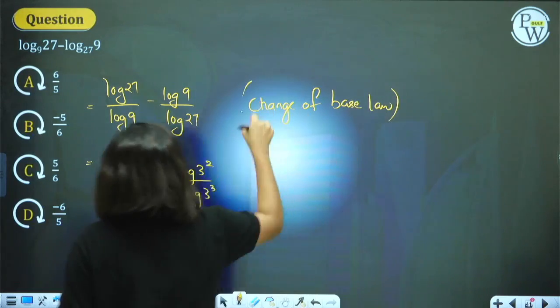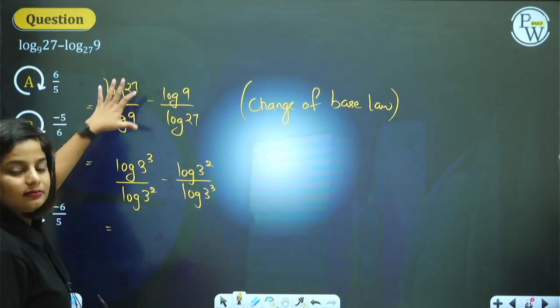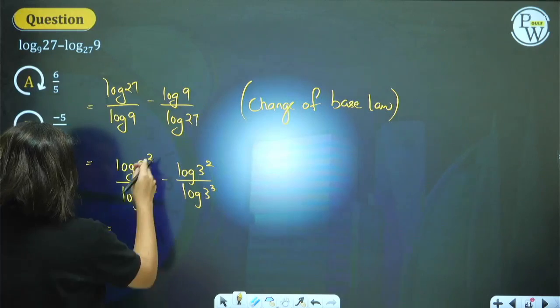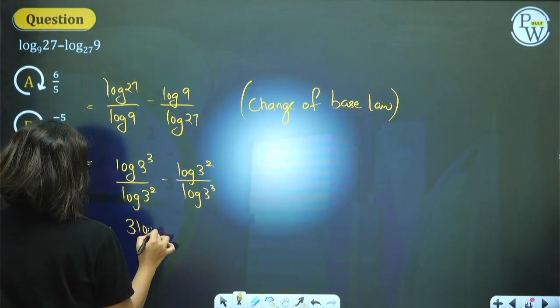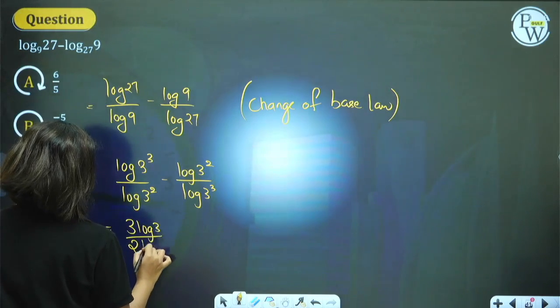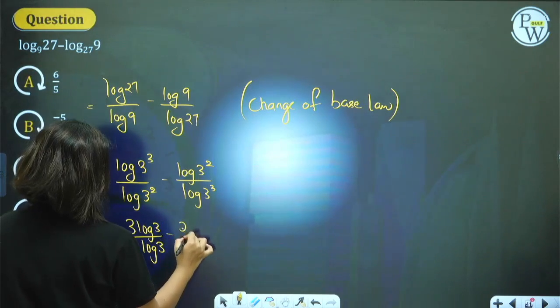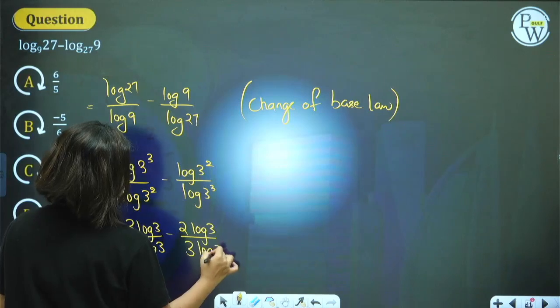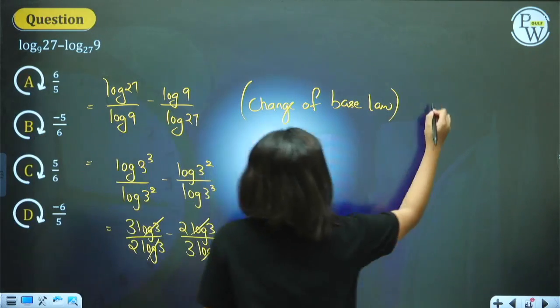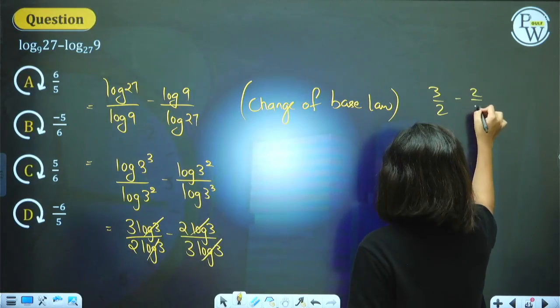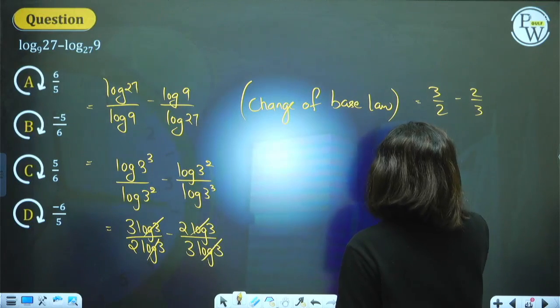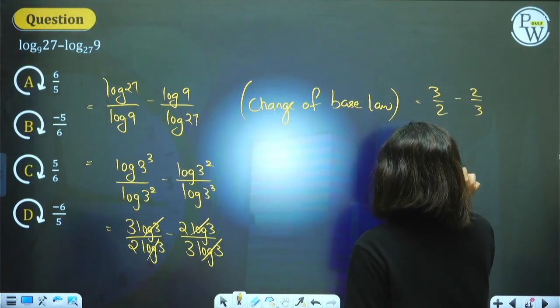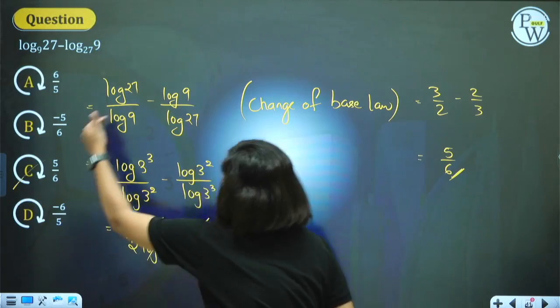This 3 comes here, 3 times log 3 upon 2 times log 3 minus 2 times log 3 upon 3 times log 3. Log 3 cancels up. We have 3 by 2 minus 2 by 3, and that's equal to 9 minus 4, 5 by 6. C.